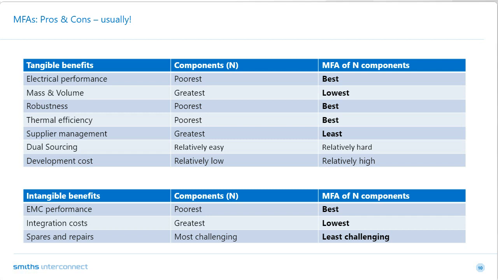Spares and repairs goes along with dual sourcing. If you are supplying a multifunction package, obviously it's coming out of your factory. At the component level, it is more challenging because there are, of course, multiple competitors.